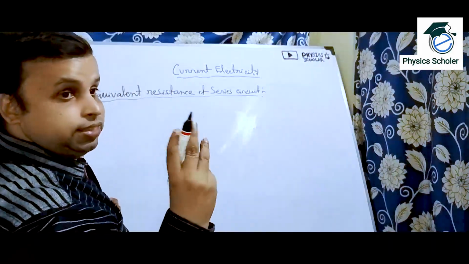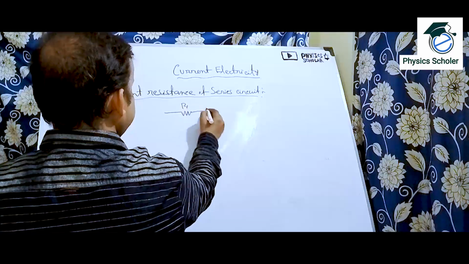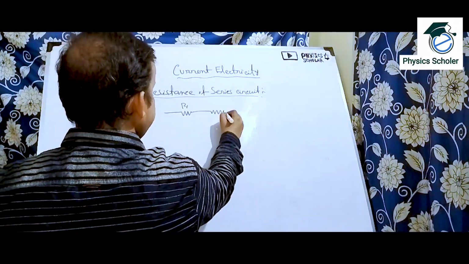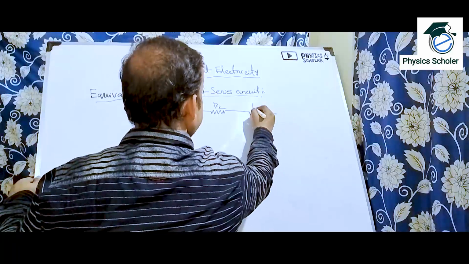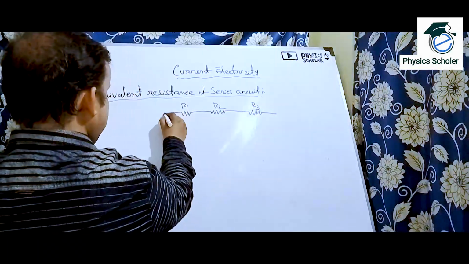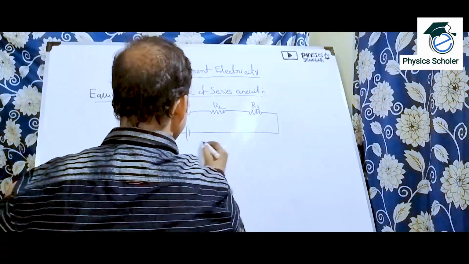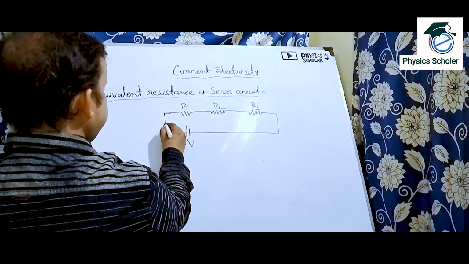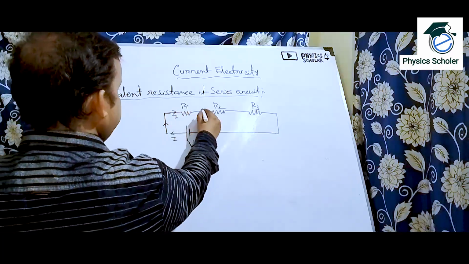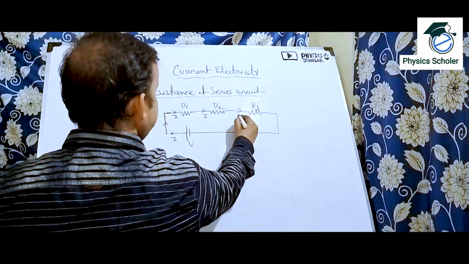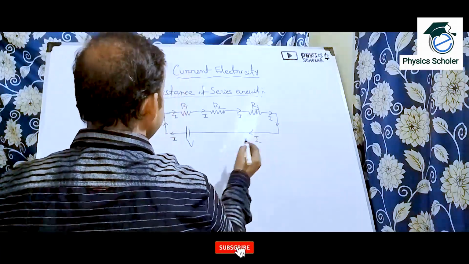First, let us consider three resistors: R1, just like before, R2, and R3. Now it is connected with a battery of voltage V, and the current is I. Always give the arrow sign when you are drawing a diagram of current electricity, showing in which direction the current is flowing.